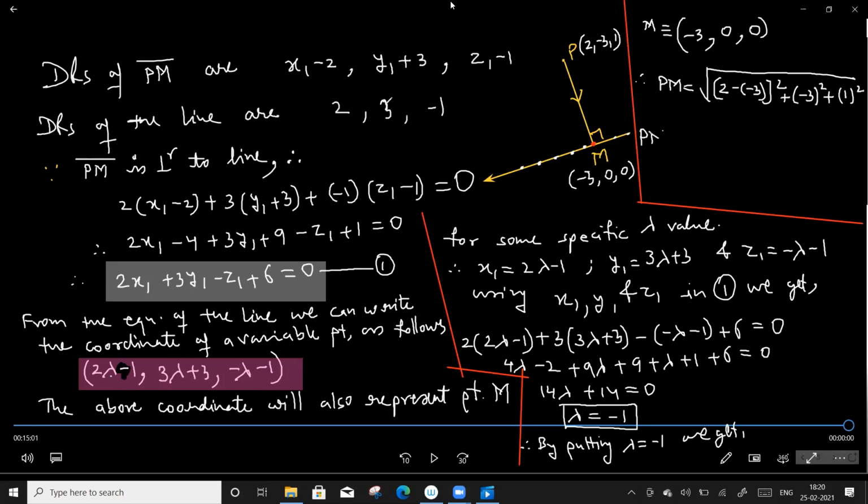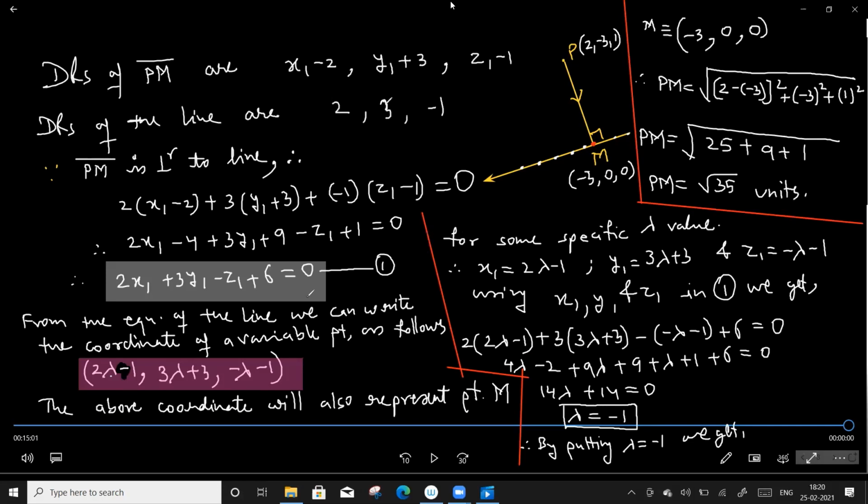So PM is equal to square root of 5 square, 25, plus 9 plus 1. That is square root of 35, and this is the final answer. We got the perpendicular distance as root of 35 units.